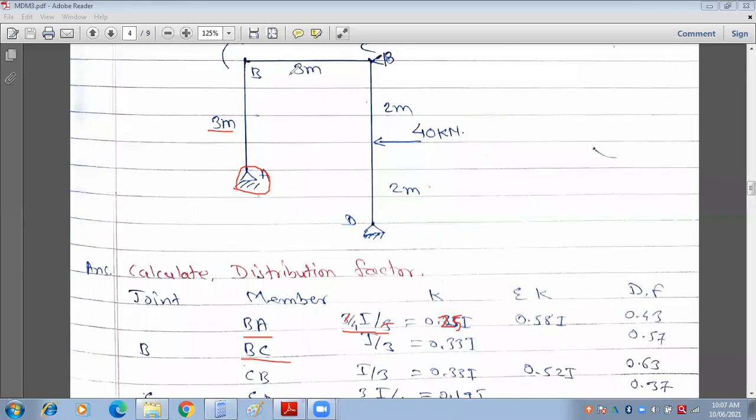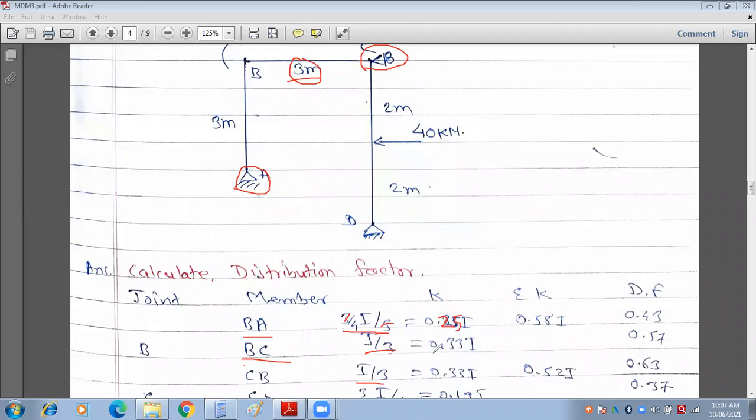Now the next member is BC. Far end C is continuous, therefore the relative stiffness is I by L, where the length is 3.